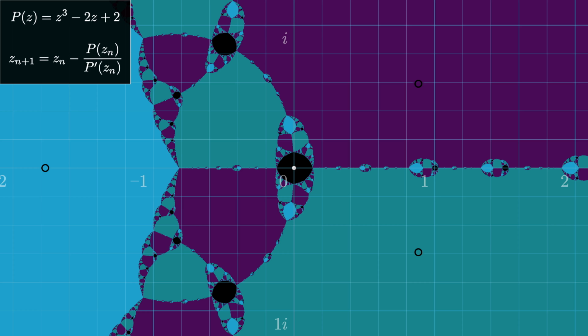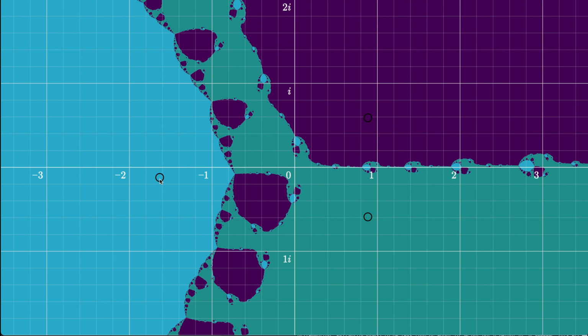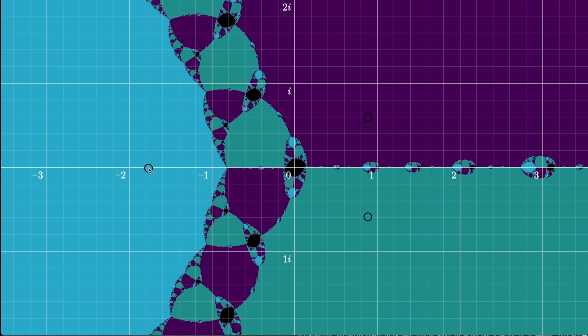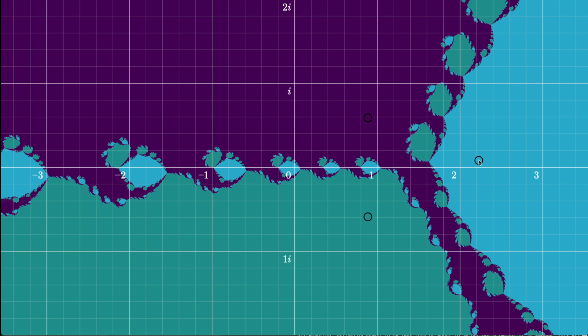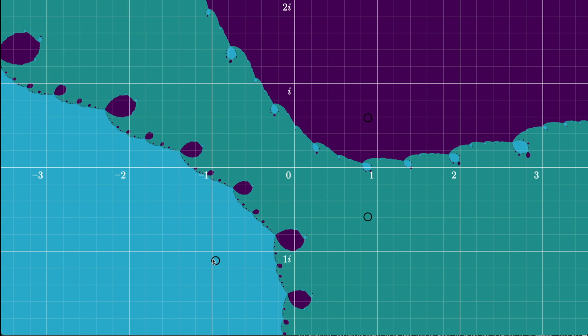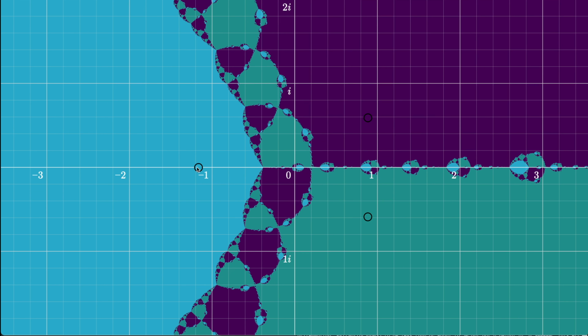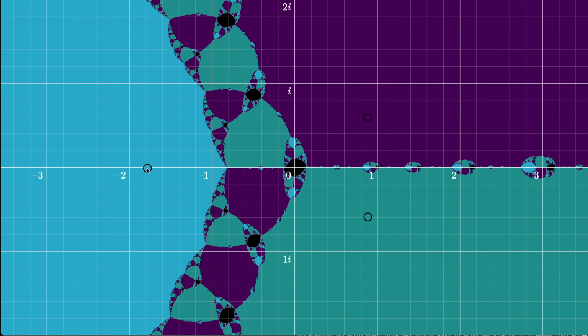But this time, we'll have an added condition that says that if the seed value never gets close enough to a root at all, we will color the pixel black. Notice, if I tweak the roots, meaning that we're trying out different cubic polynomials, it's actually really hard to find any place to put them so that we see any black pixels at all. I can find this one little sweet spot here, but it's definitely rare.